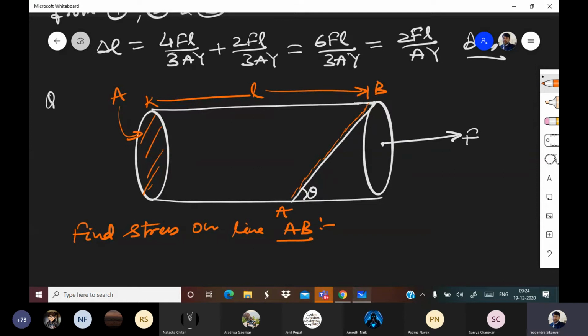It is an imaginary surface, so that you can find the stress on that surface. So rather than calling it a line, let me call it a surface. Find the stress on surface AB. How much will be the stress?